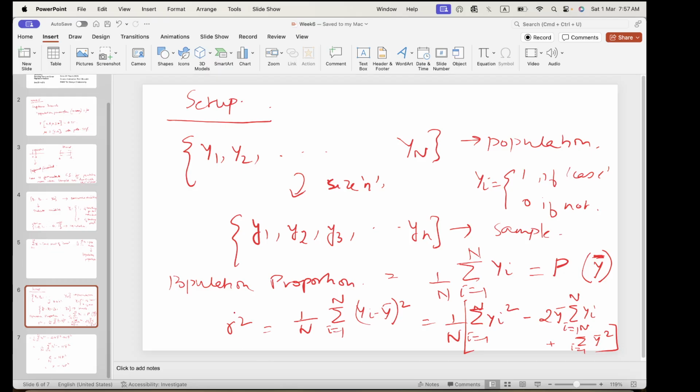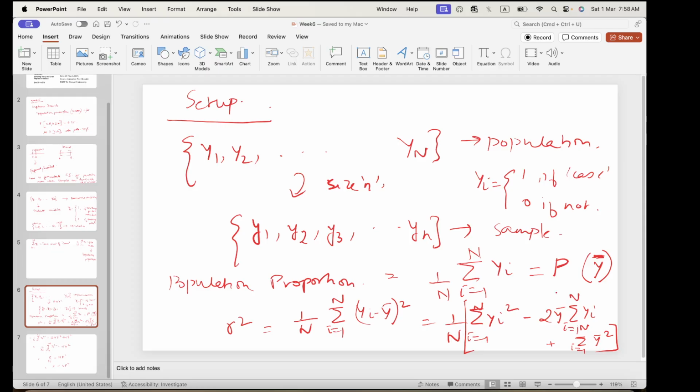Sigma square in that case would be 1 by N summation Yi minus Y bar whole square. So this would be 1 by N summation Yi square minus 2 Y bar into summation Yi plus summation Y bar square.